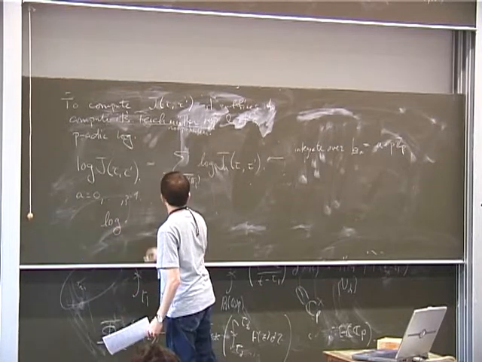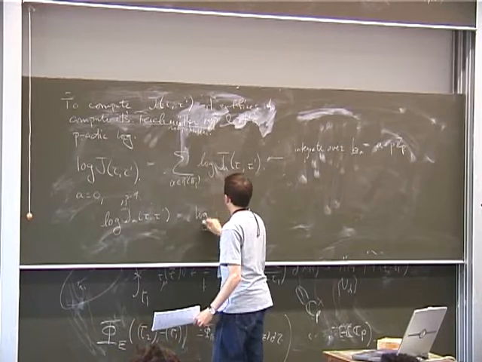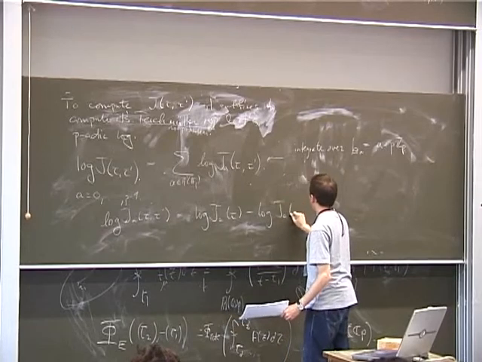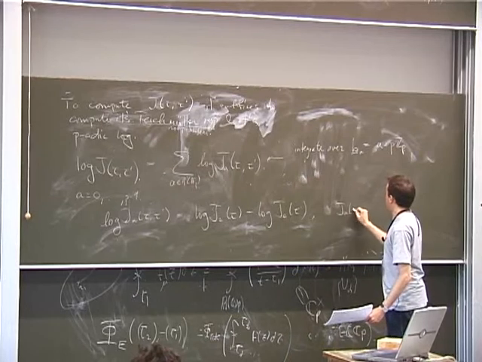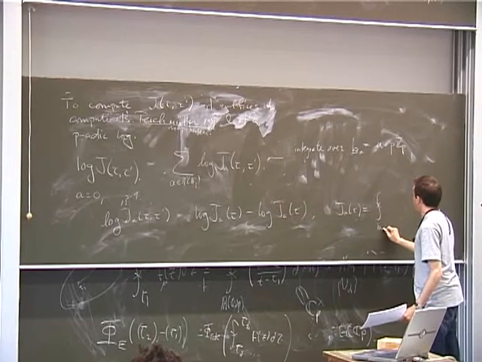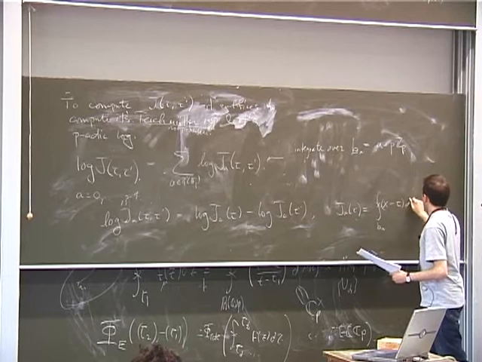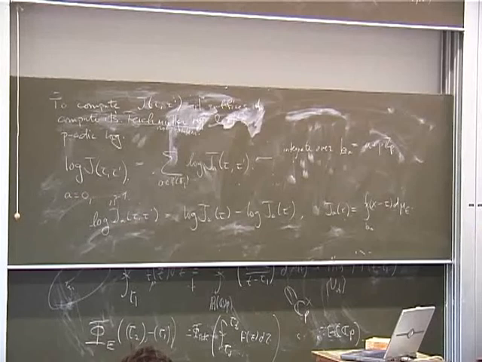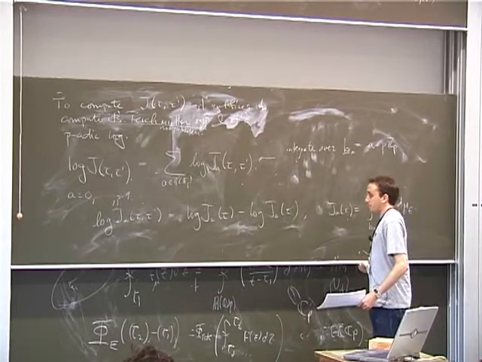We can write log of J_a of tau prime as the log of J_a of tau minus the log of J_a of tau prime, where J_a of tau is the multiplicative integral over B_a of x minus tau d mu_e. This is problematic at infinity because its integrand is a singularity. But at least for these, it's okay.